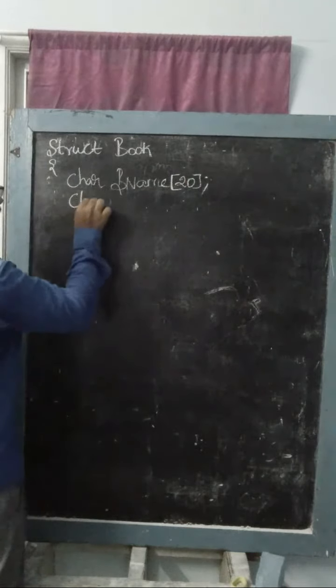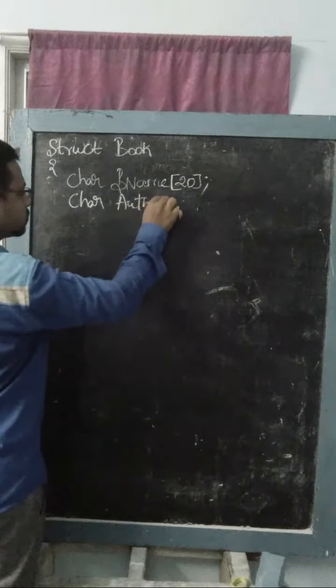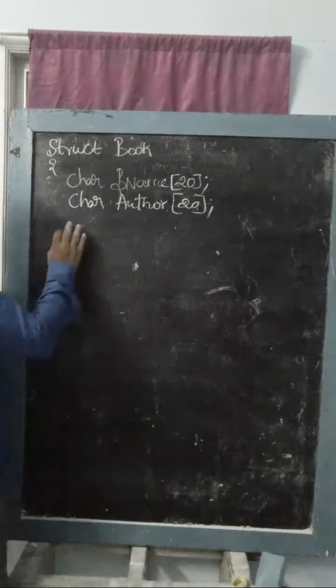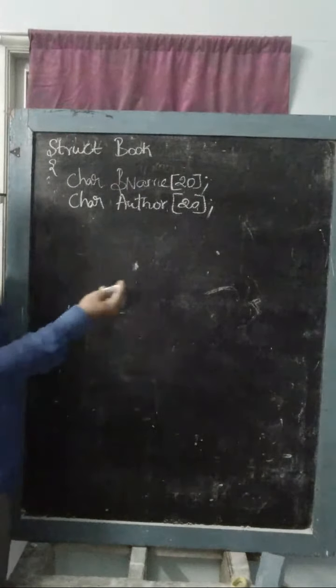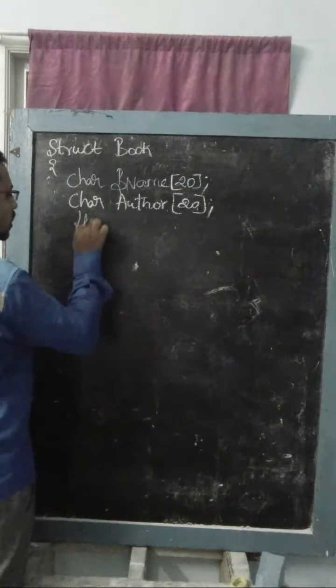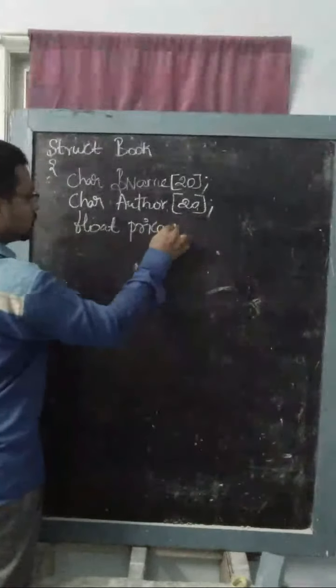And next, a character array for author. Then I'm going to write the price of the book, and the number of pages. I'm just using float price. I'm closing the structure.